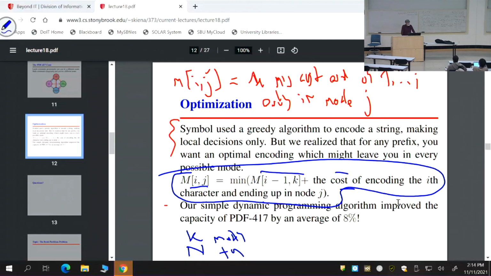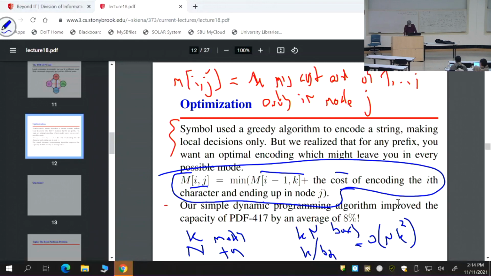How many boxes do I have? Kn boxes. And how much time per box? K. That gives me a running time of nk squared.